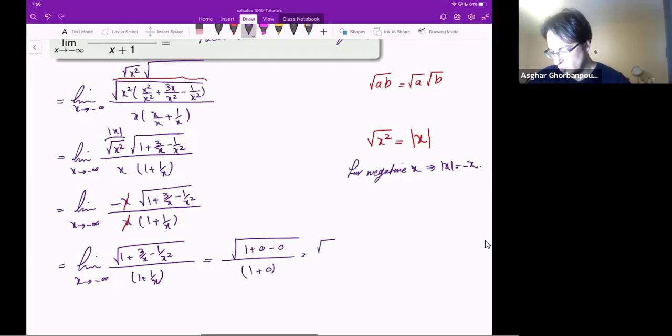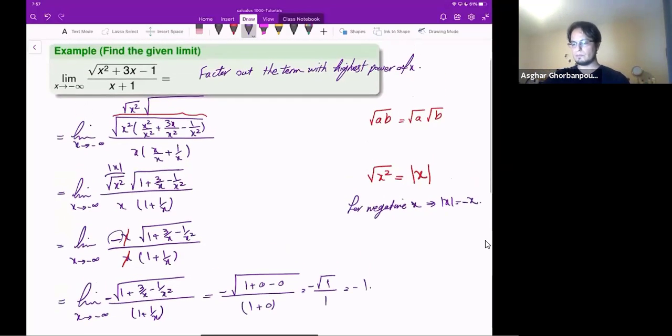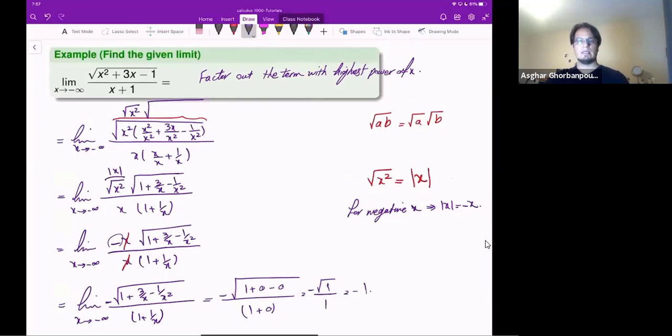Oh, there was a minus sign. I forgot that: minus 1 over 1. And this is how we find the limit as x goes to negative infinity.